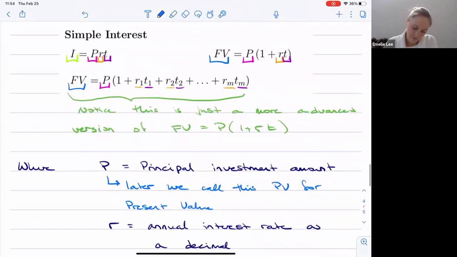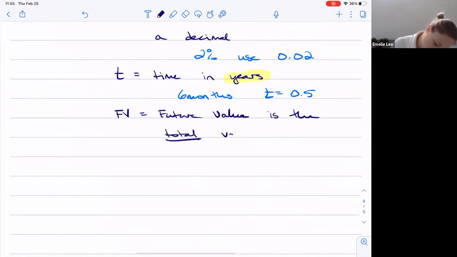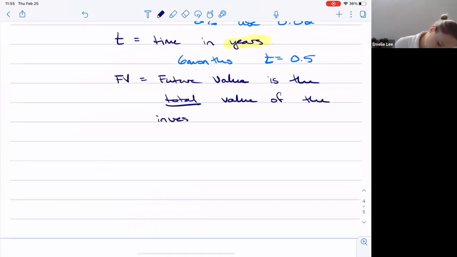So let's talk about the future value first. The future value is going to be the total amount that you could withdraw at the end of this investment. So FV, the future value, is the total value of the investment at the end of the term.